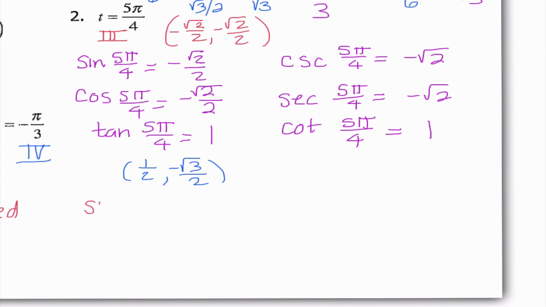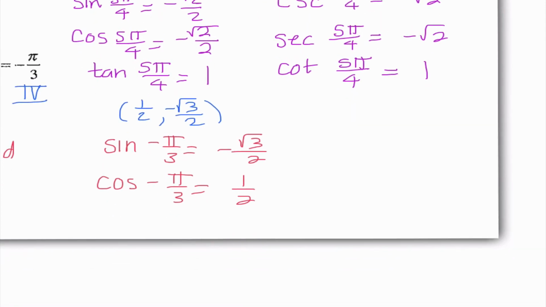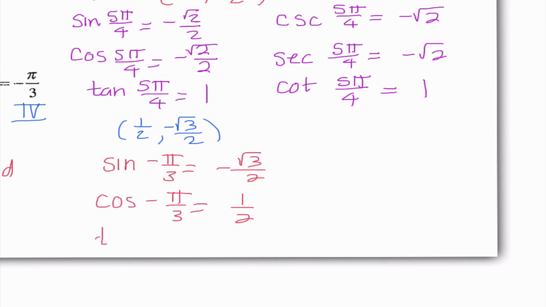So if I'm finding all these values, sine of -pi/3, we know sine is the y value, so I have negative radical 3/2. Cosine of -pi/3, I know cosine is the x value, so it would be 1/2. Tangent of -pi/3: if I have negative radical 3/2 divided by 1/2, I end up getting negative radical 3.